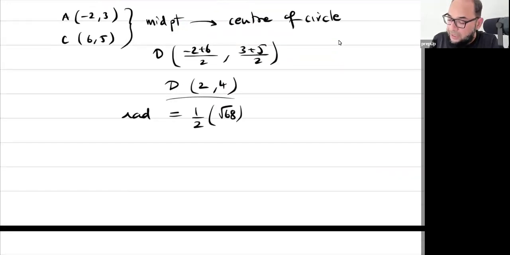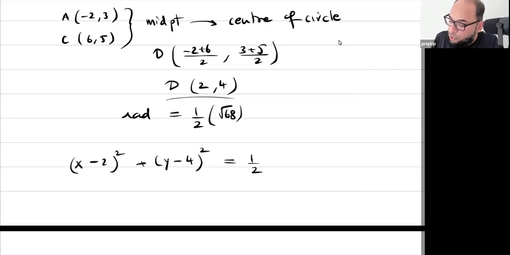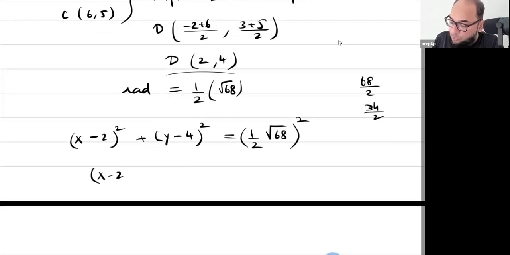Okay, so now I'll write (x minus h), that is (x minus 2) whole square, plus (y minus 4) whole square, equals half root 68, that is the radius, the whole thing squared. So 68 divided by 2 is 34, divided by 2 is 17. (x minus 2) whole square plus (y minus 4) whole square equals the square of this.